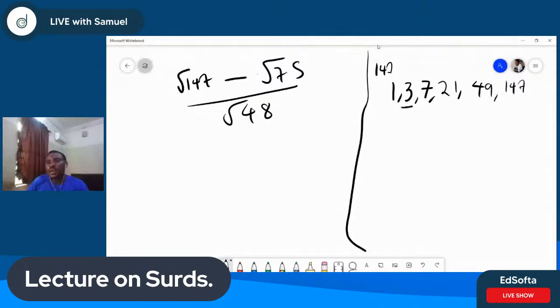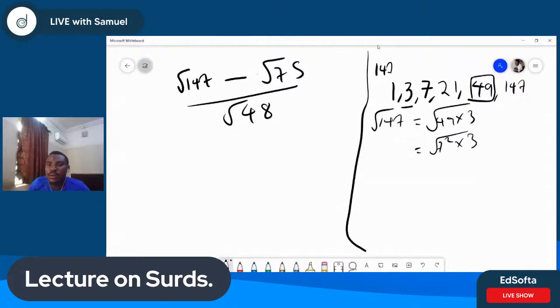Very simple. 3 and 49, because 49 is a perfect square. So we can write 147 as root 49 times 3, which is root 7 squared times 3, which is 7 root 3. So this can come off as 7 root 3 minus, so 75.